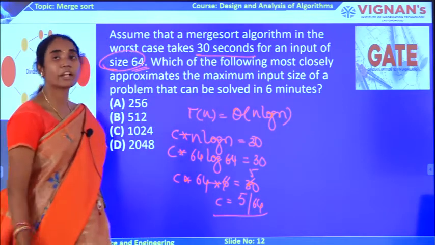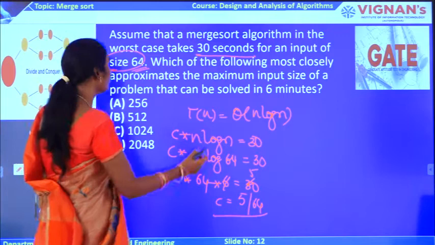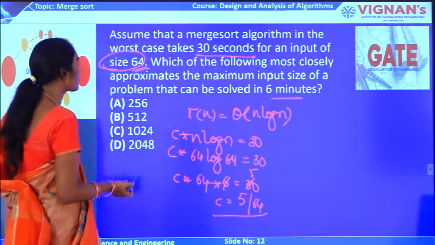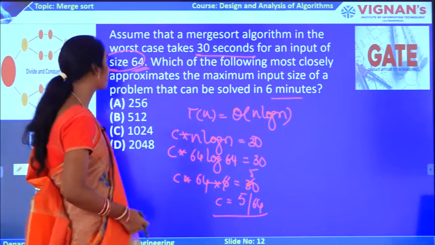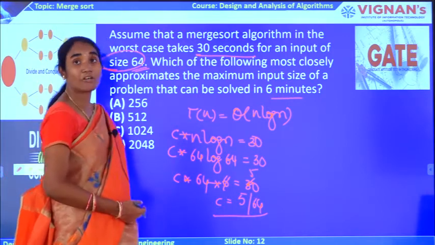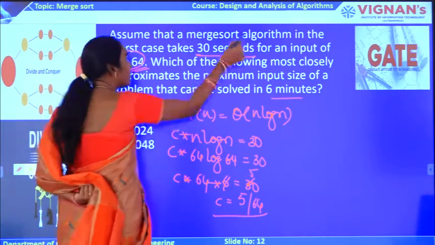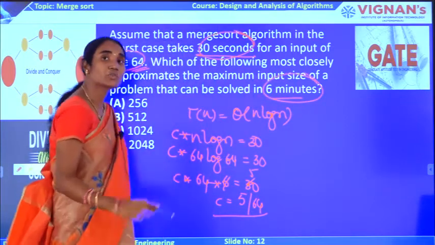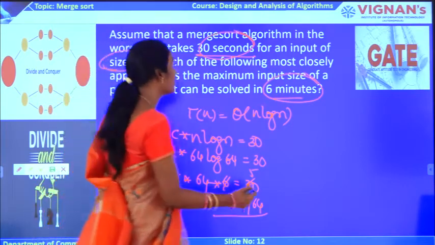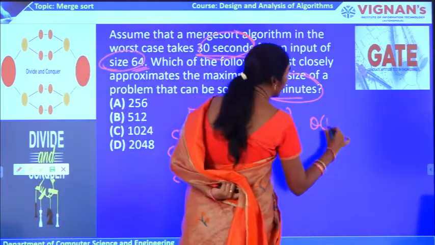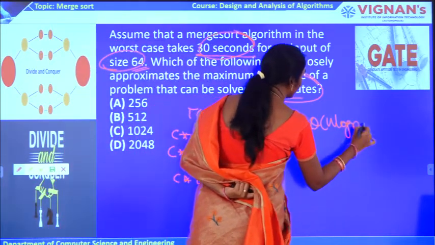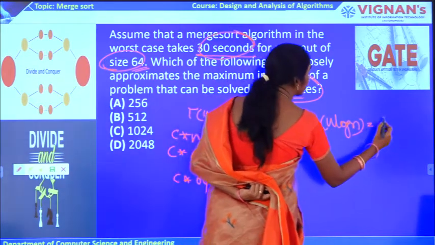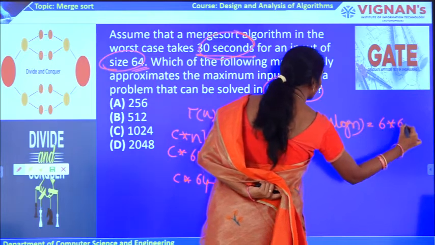Now I need to substitute that C value. Which of the following most closely approximates the maximum input size of a problem that can be solved in 6 minutes? In the previous case it is 30 seconds, and now it is 6 minutes, so I need to change minutes into seconds. So again theta of n log n is equal to 6 into 60.